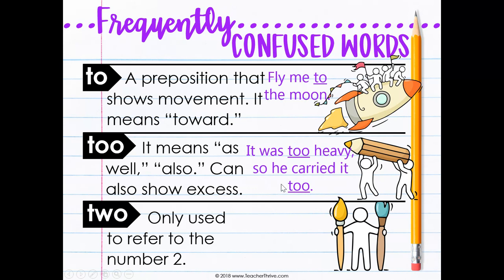It can show excess. It was too heavy. Too means too much. If two or more people are doing something, you would use too, like they're agreeing with something. And then two is the number two.